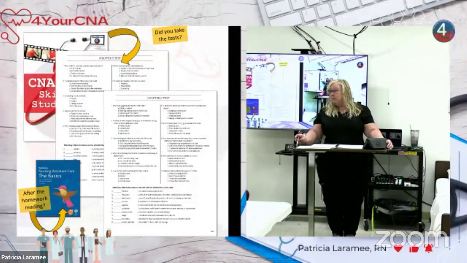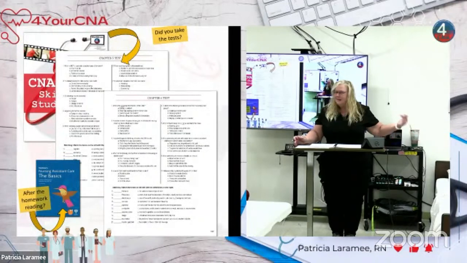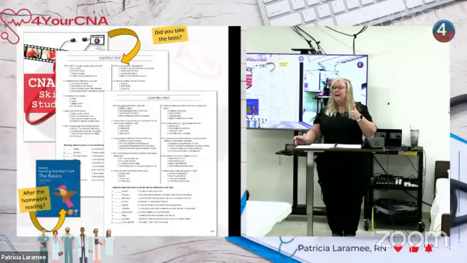So if you get report and you find out your patients are A&O, woo, those are good days. Now, usually it's called A&O times 3. Now that times 3 gets really confusing for CNAs. Does that mean that we check 3 times? What does that times 3 mean? If you see A&O times 3, it means that they're oriented to person, place, and time.